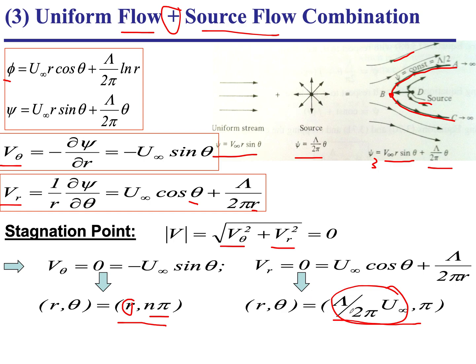That happens when r is lambda over 2 pi u infinity and when theta equals pi. So the vr condition is more restrictive than the v theta condition. So this is our stagnation point. It gives us the r and theta for which our velocity v is equal to 0.